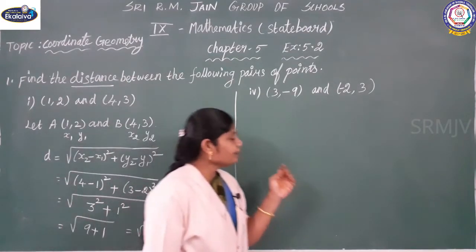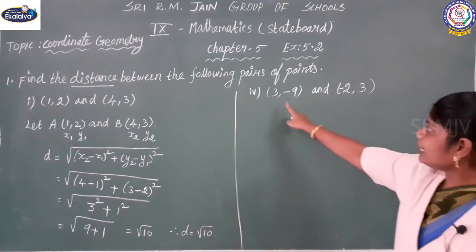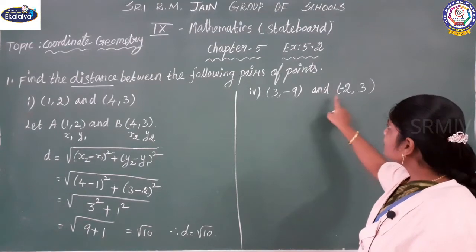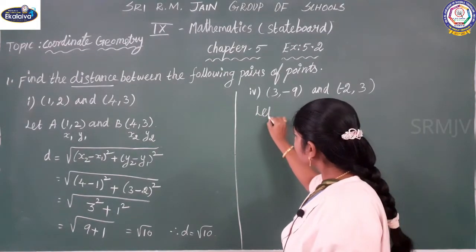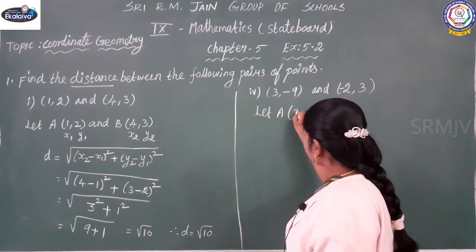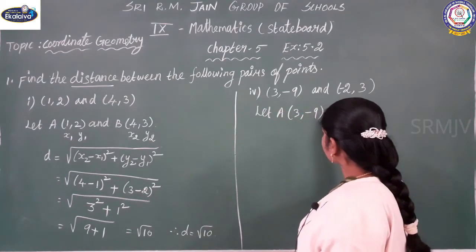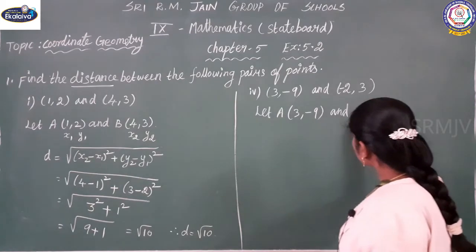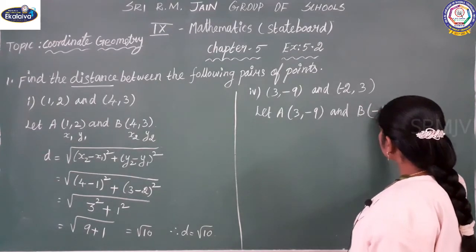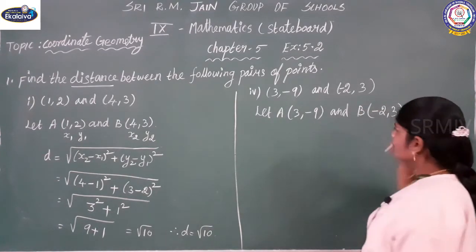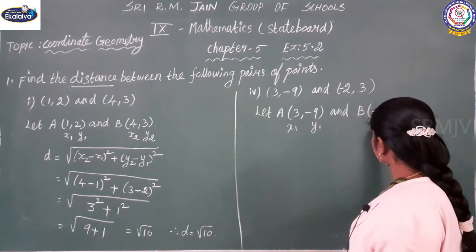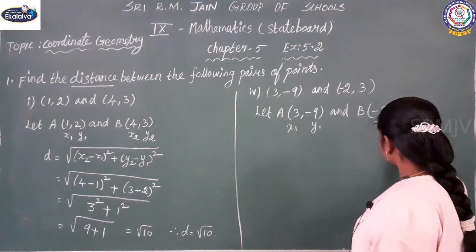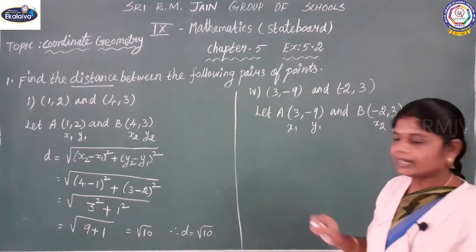See the next one. (3, minus 9) and (minus 2, 3). So let A be (3, minus 9) and B be (minus 2, 3). So this one is x1, y1, x2, y2. Write the formula, children.